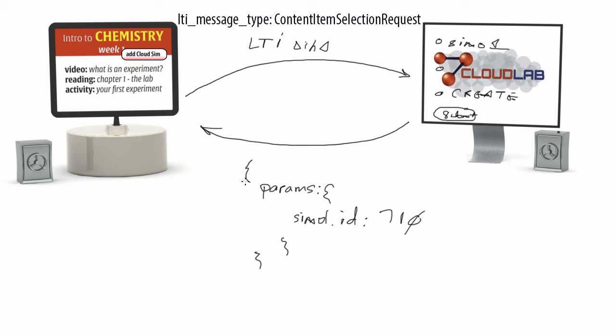And now a new link can be created, so it would be another activity, and the activity would be like some name. And when you click on it now, it's going to be a basic launch, and this basic launch will contain these custom parameters.